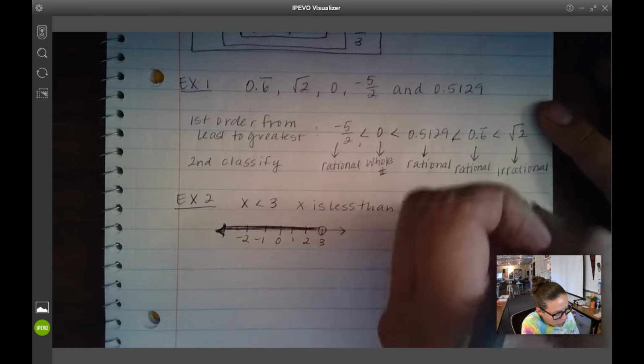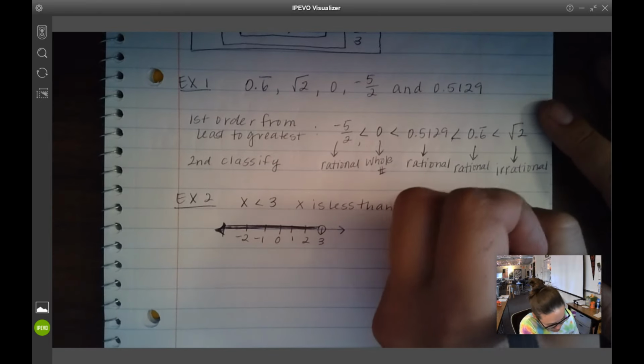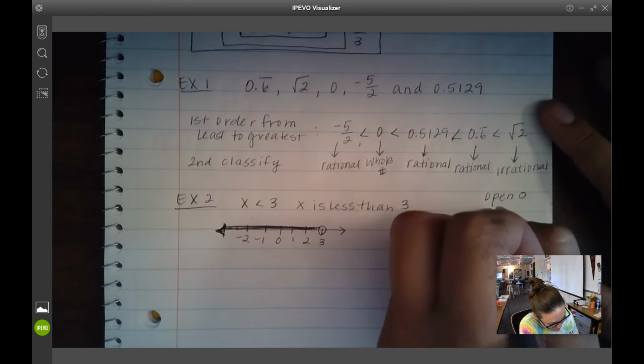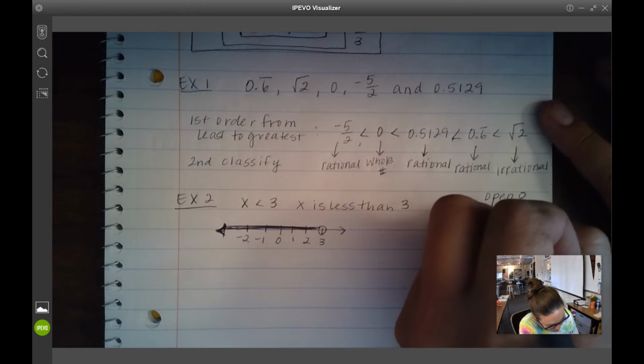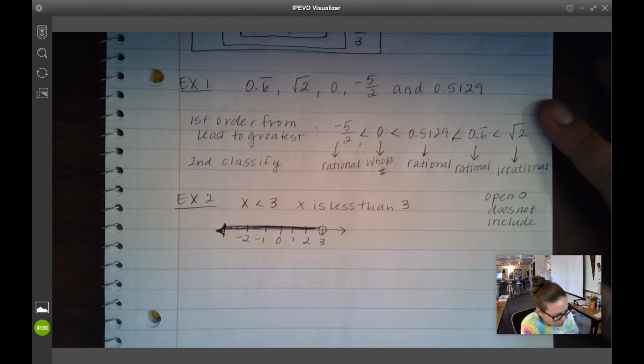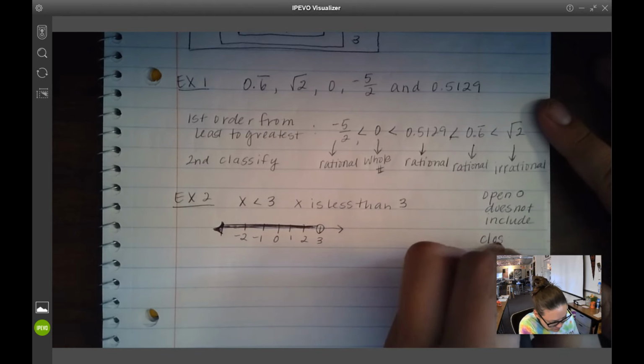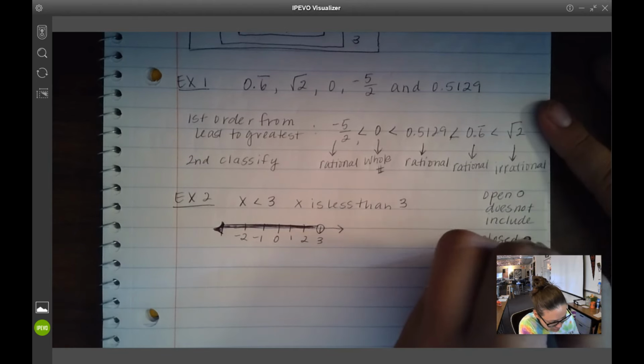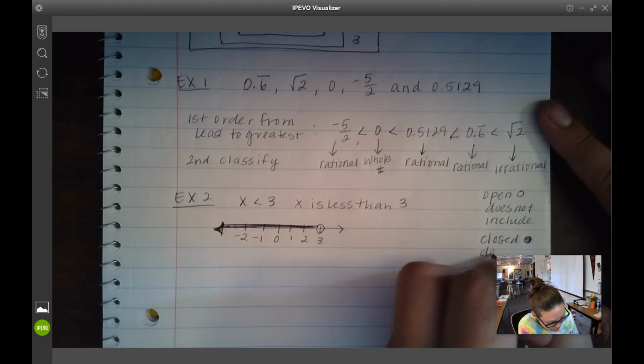Remember, an open circle means that it does not include. Versus a closed circle is colored in, and that means it does include.